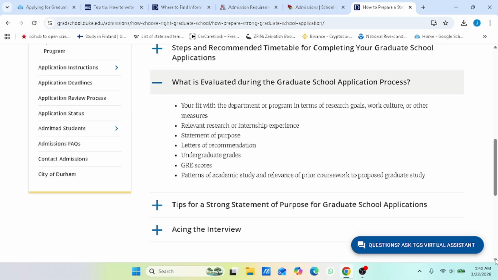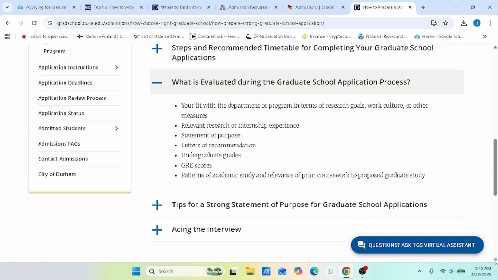There are people that the admissions committee deems suitable to be able to judge the ability of a student to succeed in graduate school. Not everybody can write a recommendation letter, but that one is for later. Undergraduate grades, GRE scores, or any other test like GMAT, that is if the program requires it.